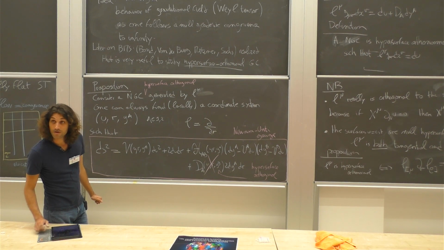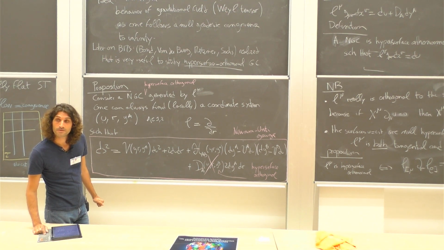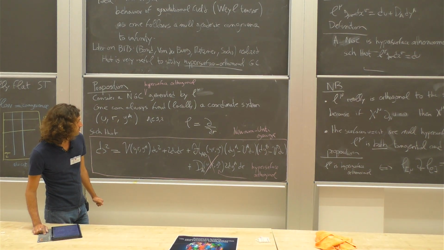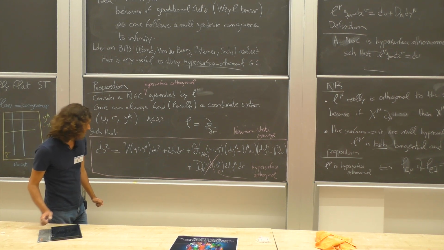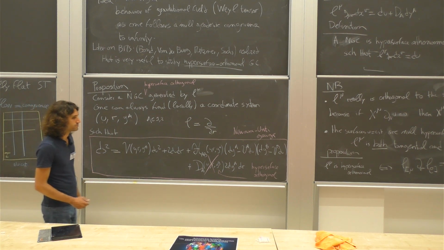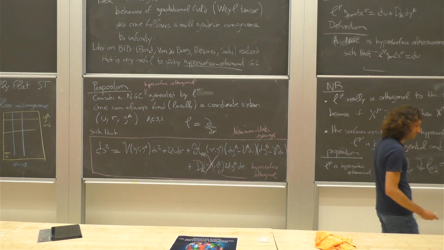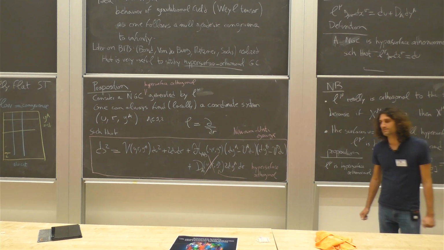Can we start with a null hypersurface, and then there is a vector field which is orthogonal and tangent to it, and then we could construct a vector field which is also null and whose inner product with this first null vector field will be, for example, -1?